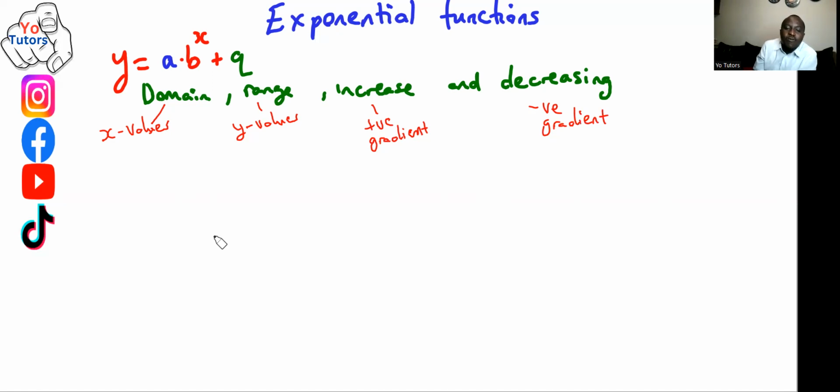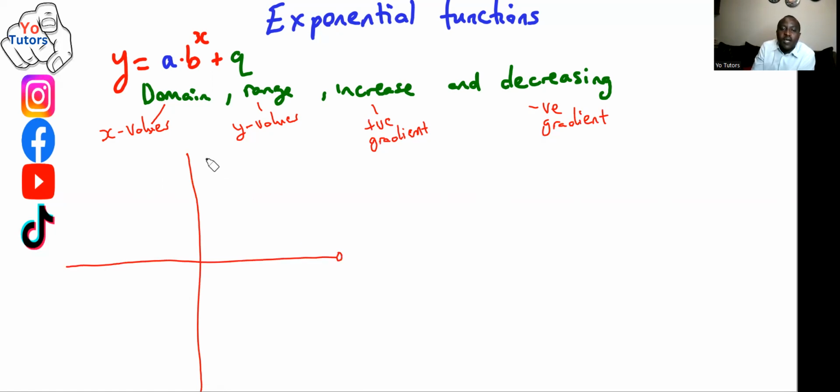Okay, now let's see what we'll do. Let's say we have a mother graph, a graph without the q. Let's say the graph of y equals 3 times 2 to the power of x, touching at 1, and that's our graph there.